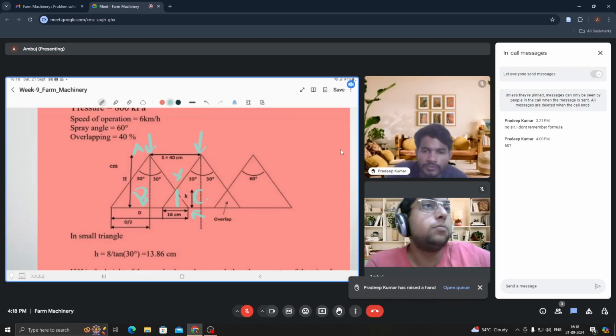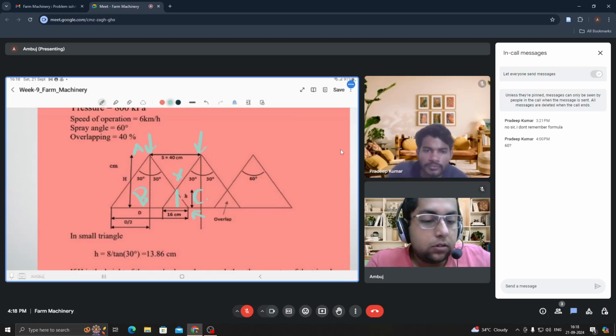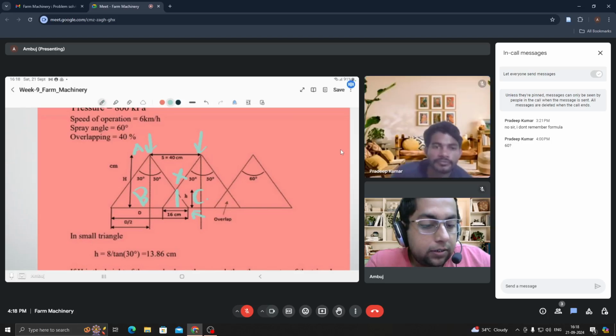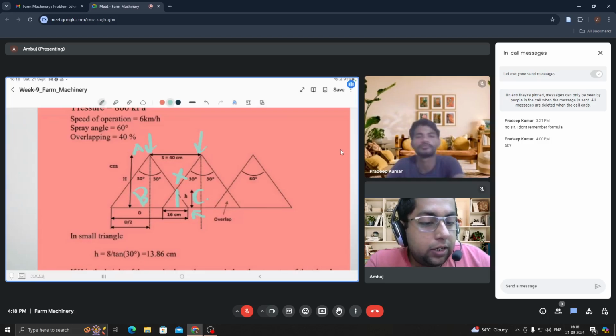Then one another triangle is there. This particular triangle is A, B, and C, a right-angled triangle.